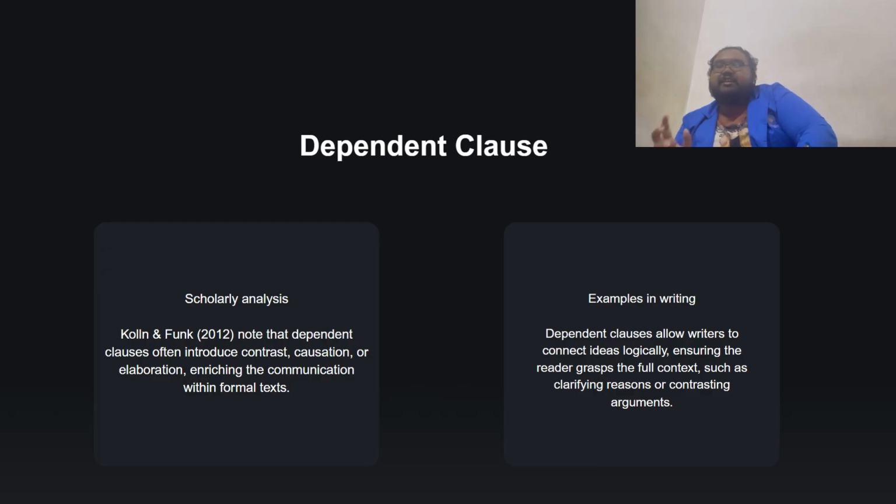Example in writing: dependent clauses allow writers to connect ideas logically, ensuring the reader grasps the full context, such as clarifying reasons or contrasting arguments.